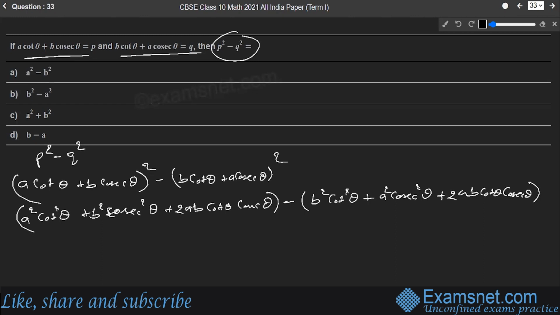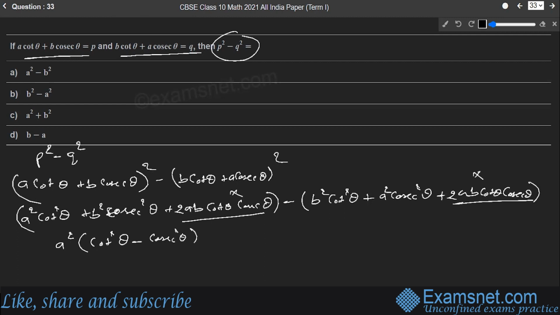If we subtract them, certain things are gone. The 2AB cot theta cosec theta terms are eliminated because they are in subtraction form. Now, from the rest of the part, if we take A square as common, we remain with cot square theta minus cosec square theta.